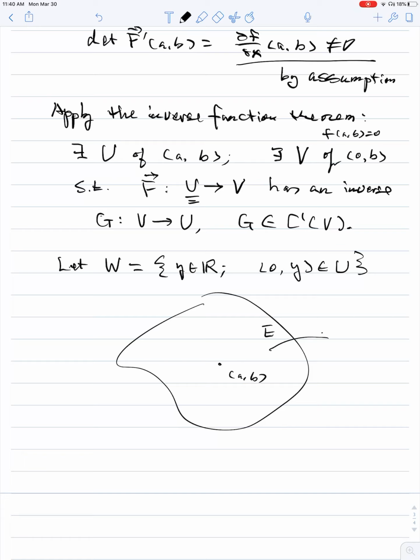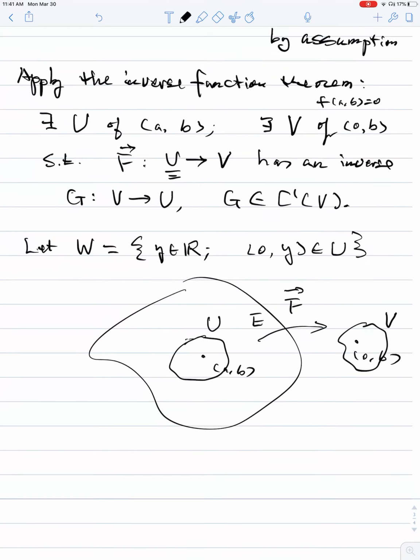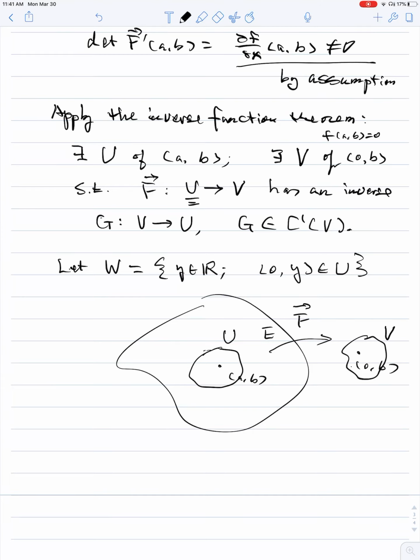We have a capital F, which maps this to the point (0, b), and we know that there's a neighborhood here, U, and a neighborhood here, V, so that F is one-to-one and onto, and it has an inverse back, G.